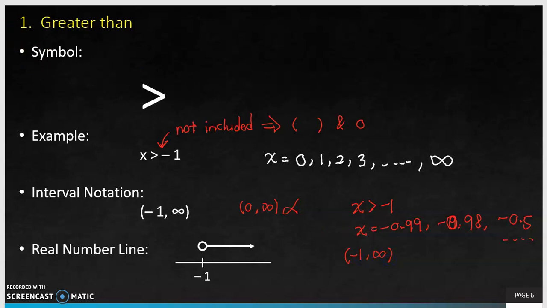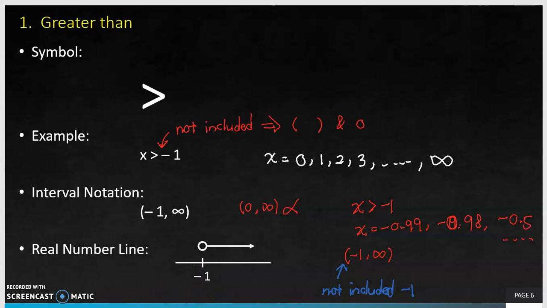And here we know that this symbol means that -1 is not included. In terms of real number line, we are going to use a small circle. So here is the value of -1. Since the number is getting bigger and bigger, the arrow will move to the right hand side. So this is not included -1.